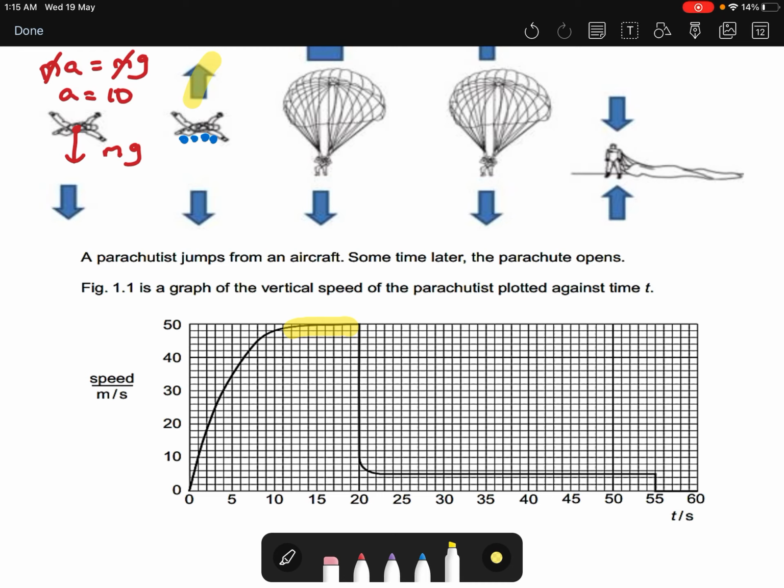How do I know when he opens his parachute? If you look at the speed time graph, it is very prominent. After reaching the first terminal velocity, where my weight is equal to your air resistance, suddenly the speed decreases rapidly at this portion, 20 seconds. So I can conclude that at this particular point, he opened his parachute.